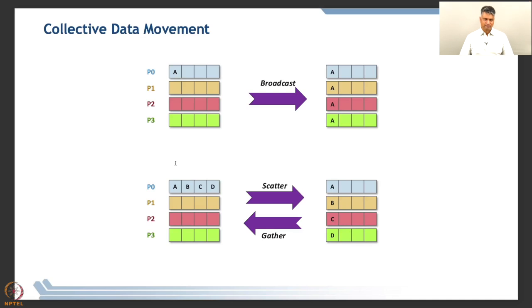Now, instead of using the MPI broadcast functionality, if I had chosen to use MPI send and receive, I would have had to have 3 MPI sends and correspondingly 3 MPI receives, increasing my program complexity. Apart from that, I would also need to initialize 3 send buffers.